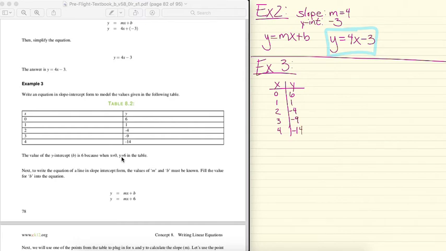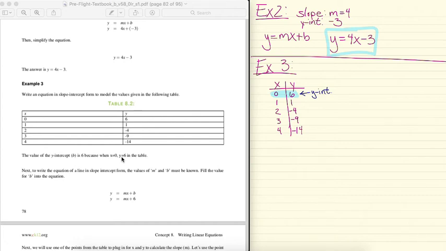Now, there's a couple of ways you can approach this. You could look at this and say, well, one of my points, 0, 6, when x is 0, that's always telling us where the y-intercept is. So you could say, hey, look it, here is my y-intercept. This is where it crosses the y-axis. And you could use that information, and then you can find your slope that way. And then you can plug all of that into your slope-intercept form.